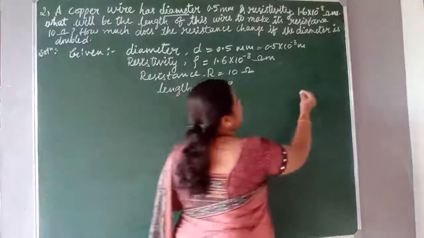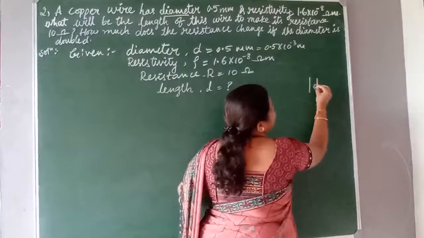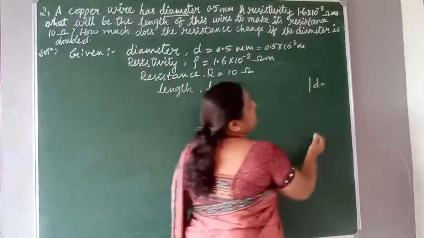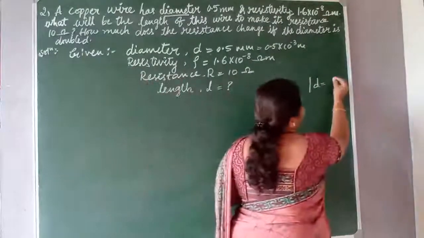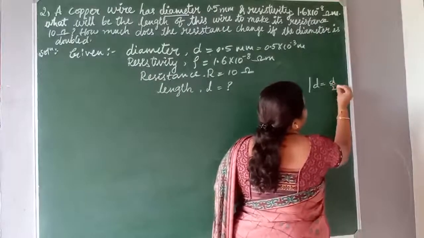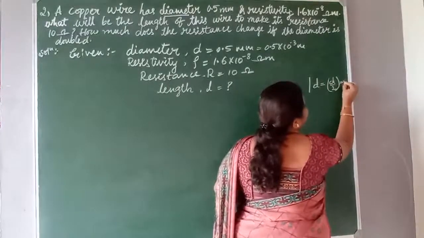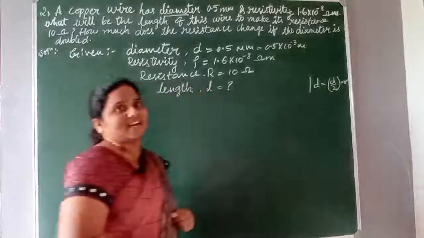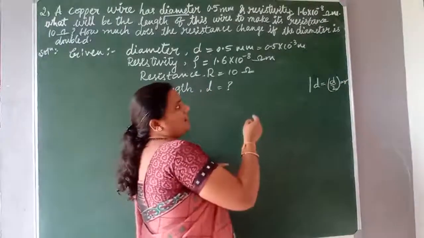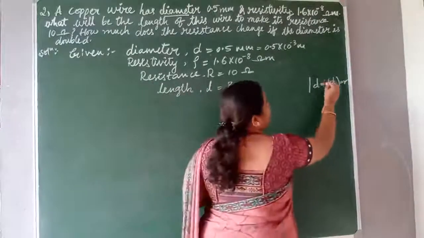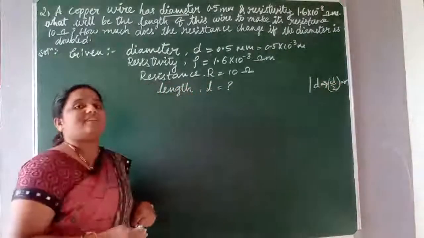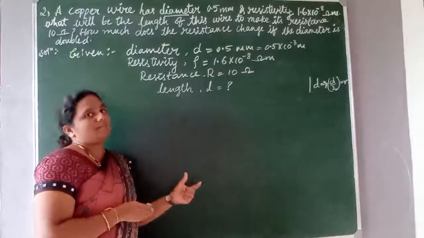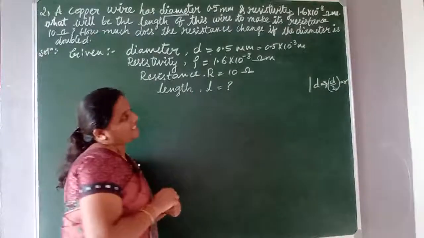We learned that half of the diameter is nothing but the radius, isn't it, children? D by 2 is one radius. When we divide the diameter into two equal parts, we will get the radius value.